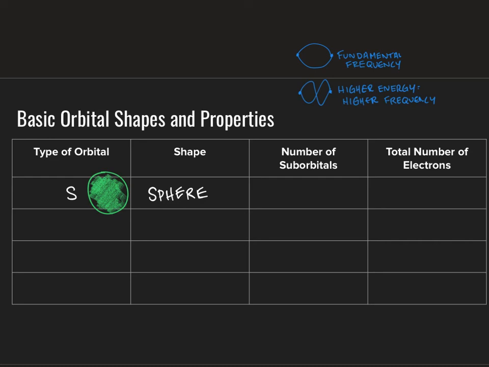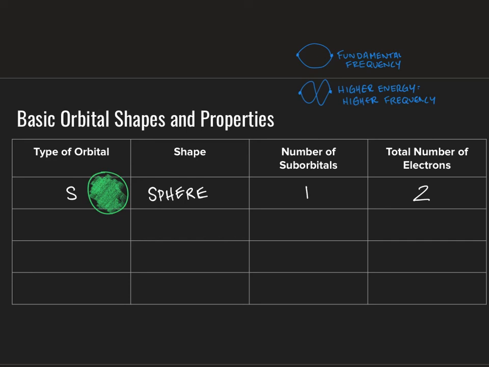But this is a sphere we're dealing with, and no matter which way you rotate a sphere, it always looks the same. So there's really only one suborbital of the s orbital. And again, remembering back to last year, each of those suborbitals could hold a total of 2 electrons. So with one suborbital, our spherical s orbital can hold a total of 2 electrons.